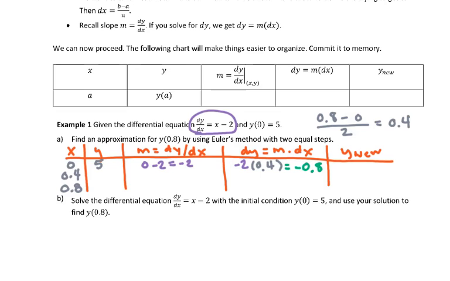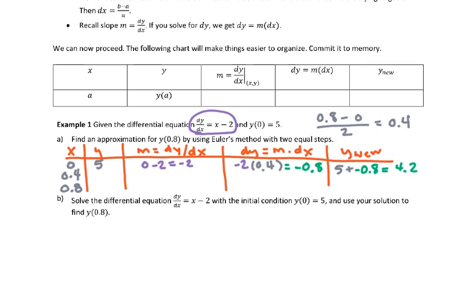That's the amount I add to my original y to get my new y. My original y was 5, and adding the change in y we've calculated, my new y is 4.2.